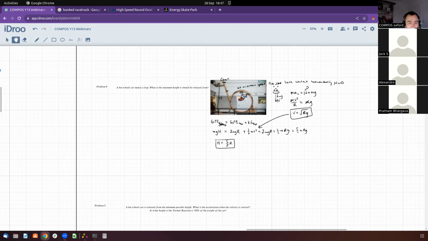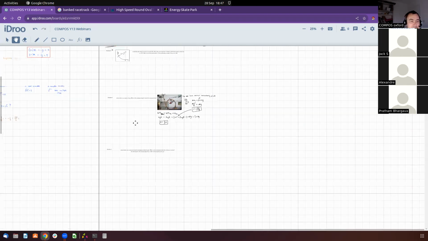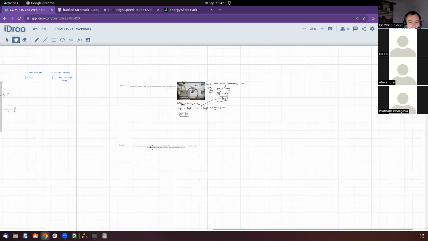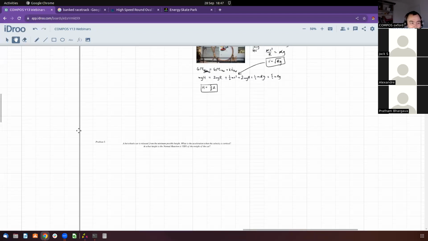There is a way you can work it out, it's just not easy. Actually, we are going to do this in problem 5, not this particular one, but a very similar one.